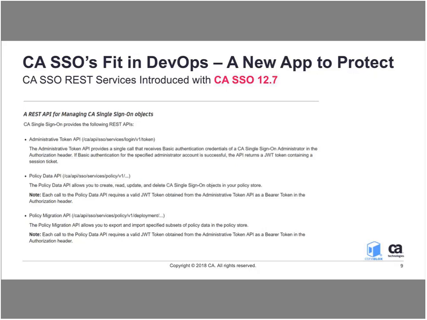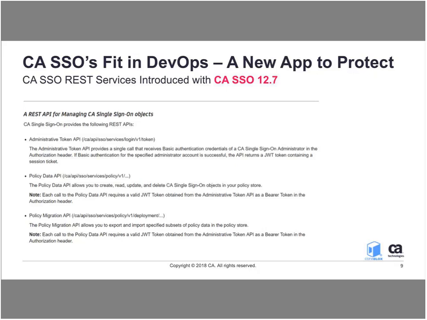So again, you go back to that last picture and you think, okay, CA SSO is falling into the security space, but in order for me to be successful in my use of CA SSO in this modern software factory, I need to be able to be agile and make changes to policies and policy objects, specifically within the CA SSO offering.